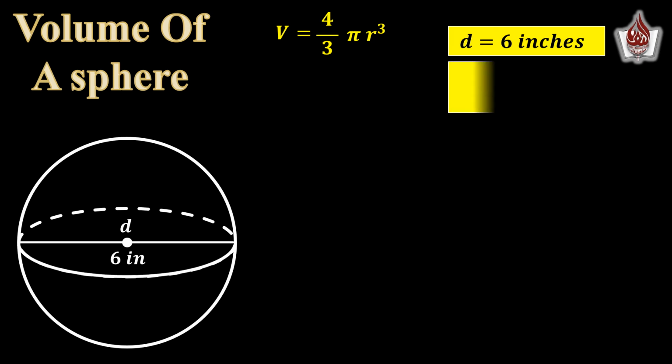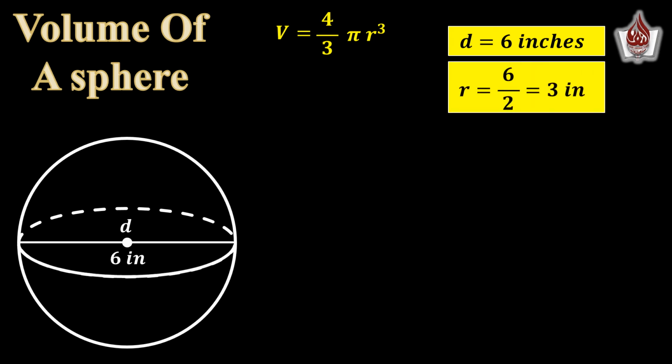So r equals 6 divided by 2 equals 3 inches, because the radius is half of a diameter. Now since r is 3 inches, we can put 3 in the formula instead of r.